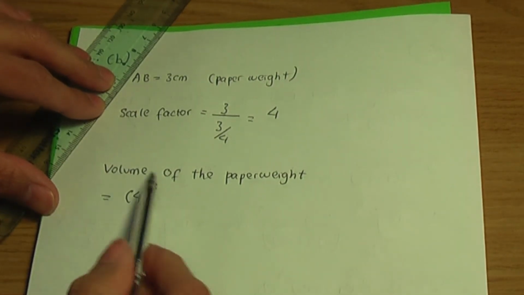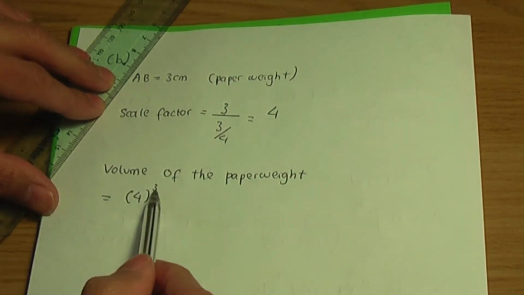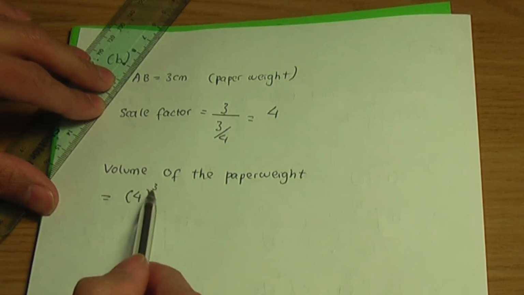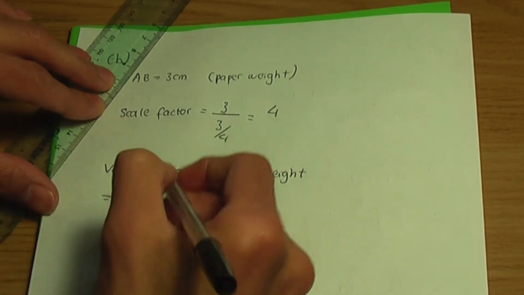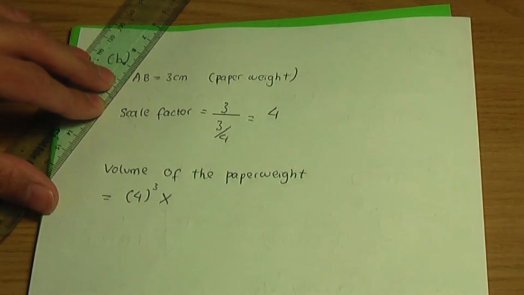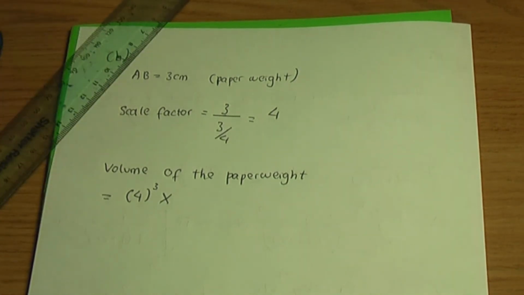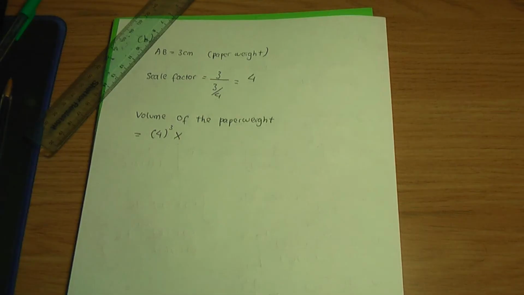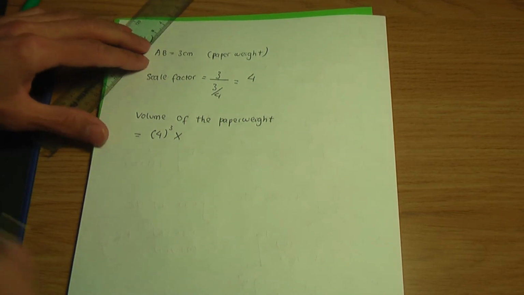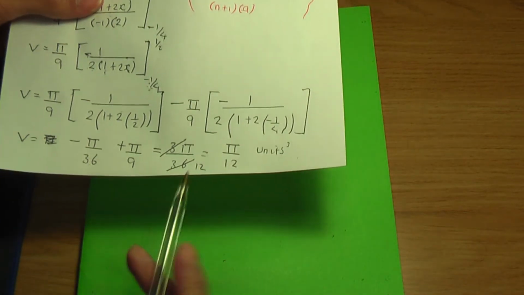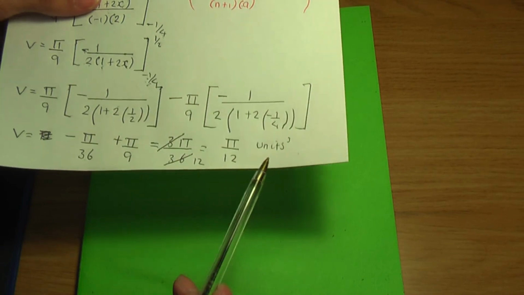If we're working out an area, for example, then we square, but since we're working out a volume, we cube. We multiply that cubed scale factor by the volume that we calculated in part A, which, if you recall, is pi over 12.